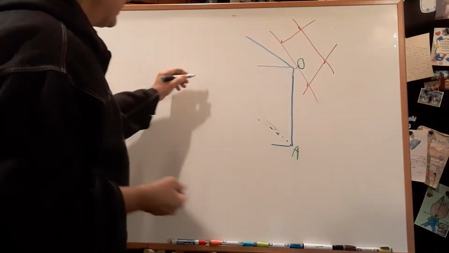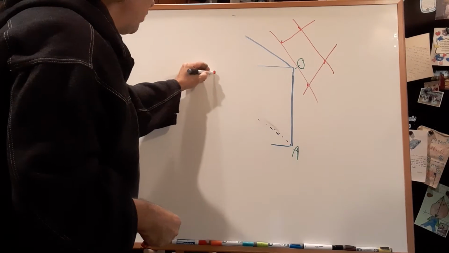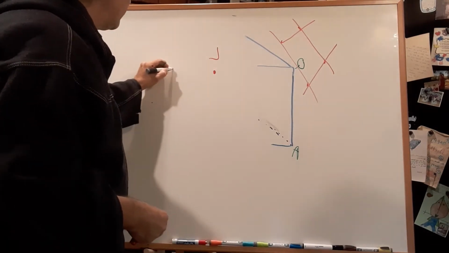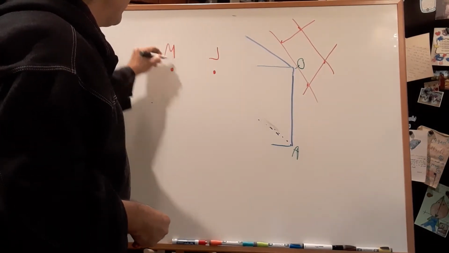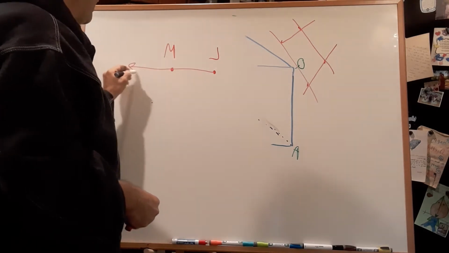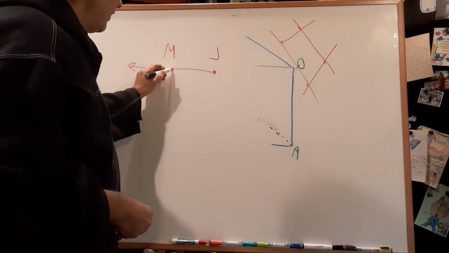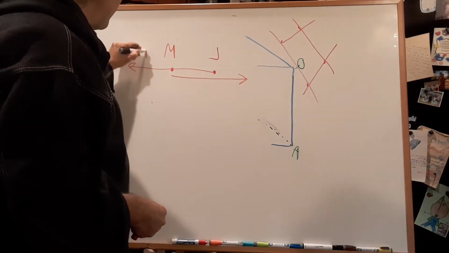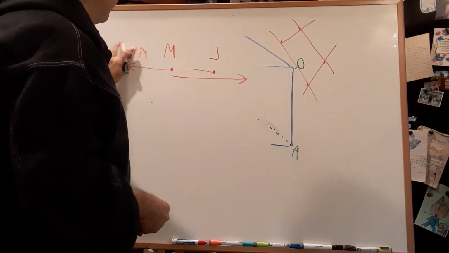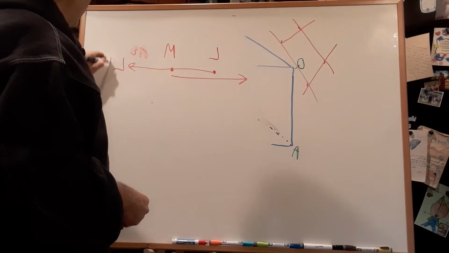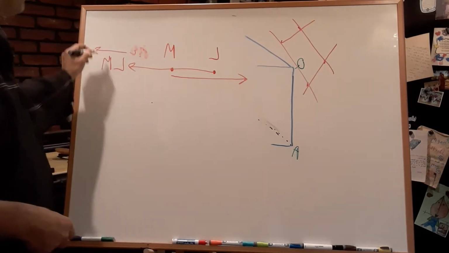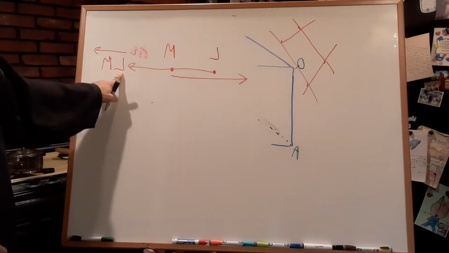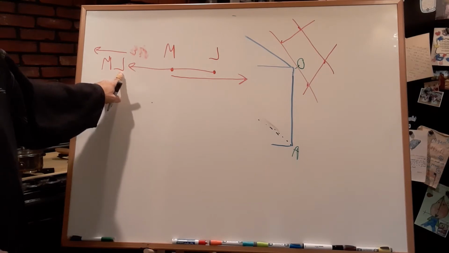So here's a point, we'll call that L. Here's another point, M. So this is ray LM. That's ray NL. The first letter, remember, shows you which point you start at.